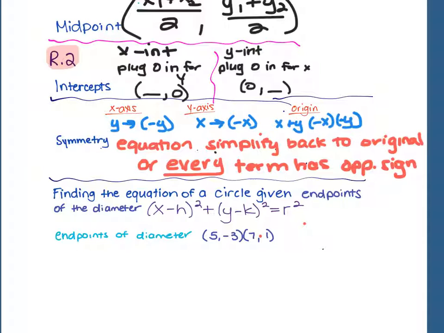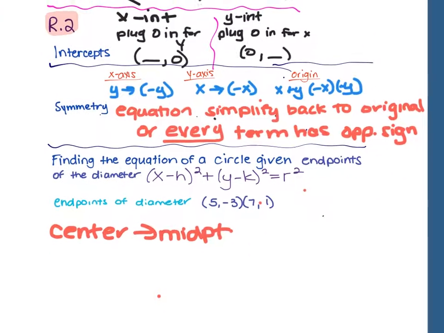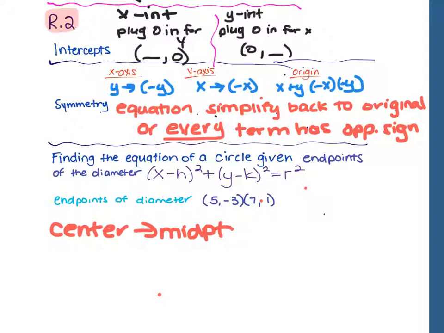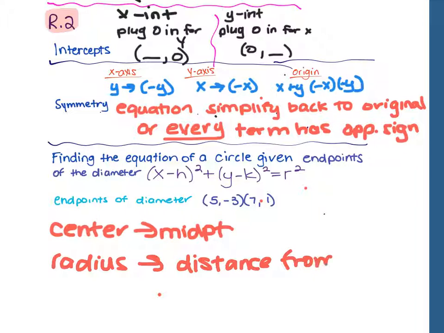So this is that finding the equation of a circle given the endpoints of the diameter. So I'll work the rest of this out when you guys aren't here. But to find the center, we just talked about this. We would do what? We're going to find the midpoint. And then we have choices. I can either, to find the radius, find the distance between the midpoint and an endpoint.